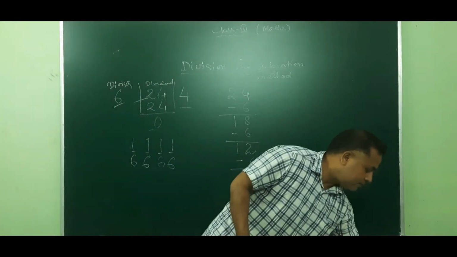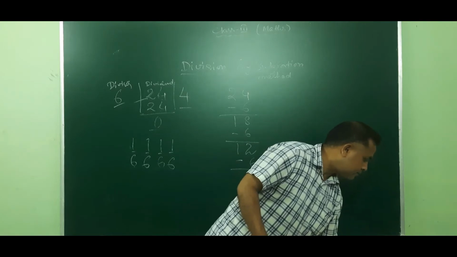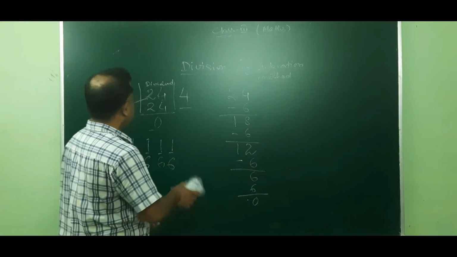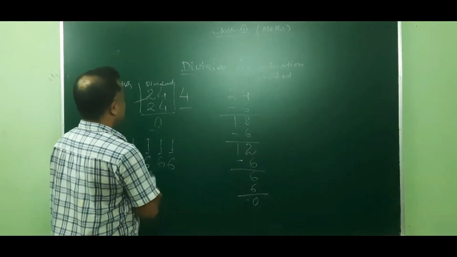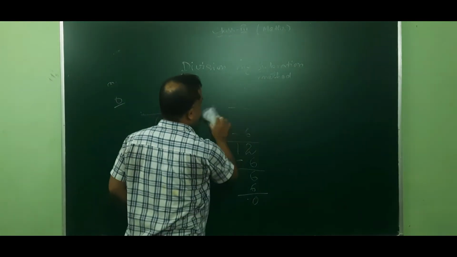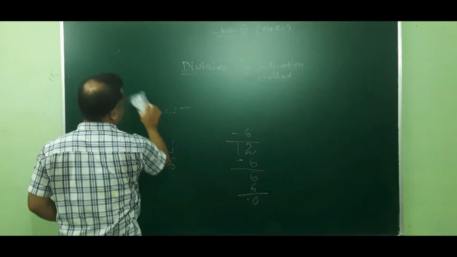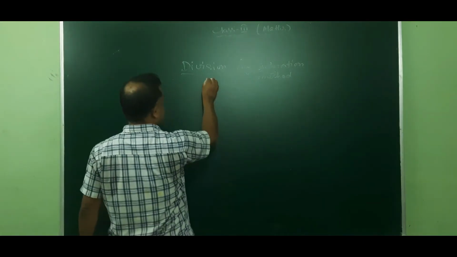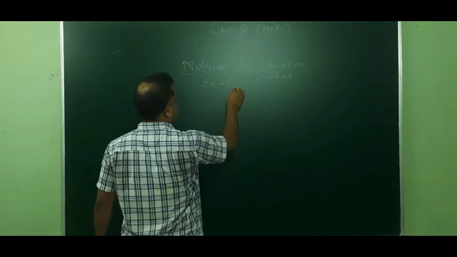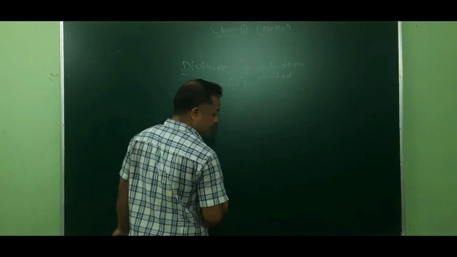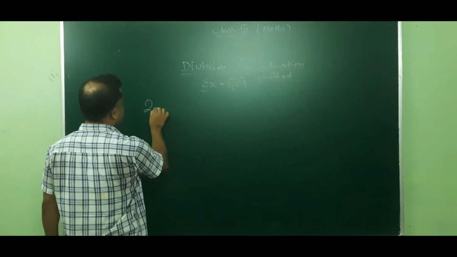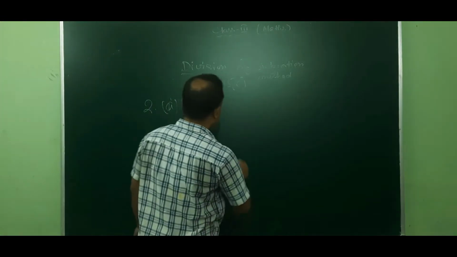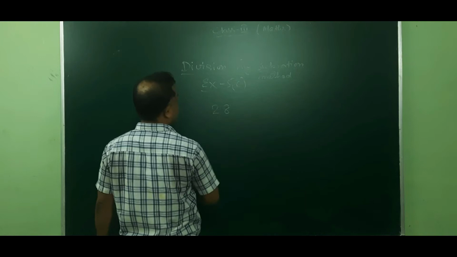Now in this way, we will see Exercise 5C, question number 2A, that is 28 ÷ 7.